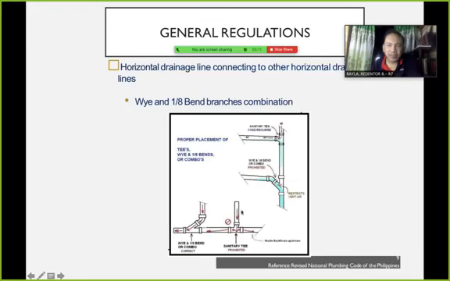So this one going down, sanitary, is prohibited. So you cannot apply this kind of sanitary. But this one you can apply. This one in horizontal you cannot apply. So remember that. You can apply Y and 1/8 bend in the horizontal, but in the vertical you cannot apply. It's prohibited. Okay? So take note of that.